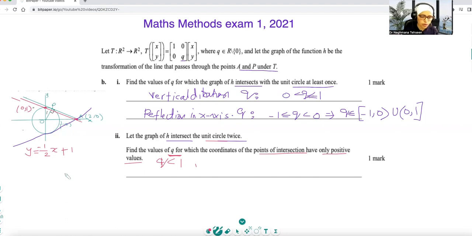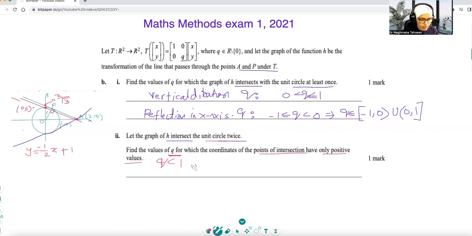But that's not required here. We just need to make sure what the Q values would be. The other thing we know is that this P point was √3, and this value would be 2 over √3, because we know this y-intercept from the previous question is 2 over root 3.